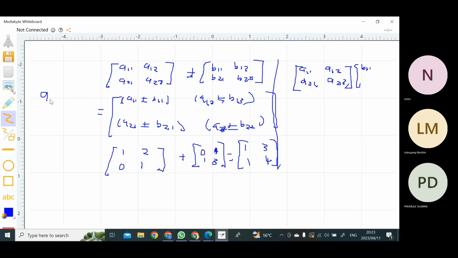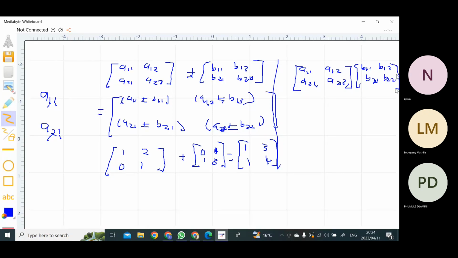When I write A11, it means the first row and first column. When you see A21, it means the second row and first column. A22 means it's in the second row and second column. So that's why I'm using 2, 1 like that. B12 means it's in the first row and second column. B11, B12, B21, and B22.